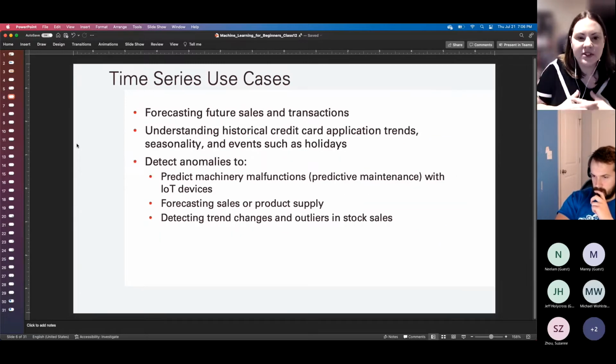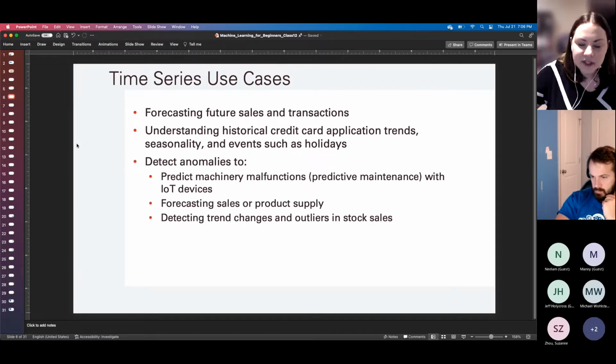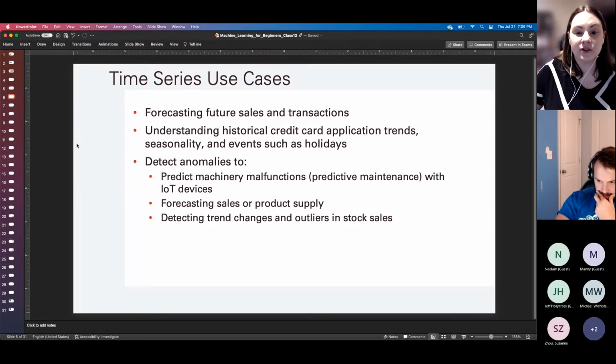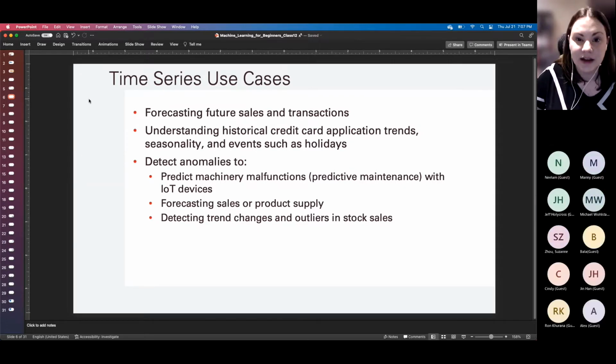A couple of time series use cases. The obvious one is forecasting into the future. A couple of examples are sales and transactions, orders, things of that sort. Another interesting one would be understanding historical credit card applications, trends, seasonality, and events such as holidays.